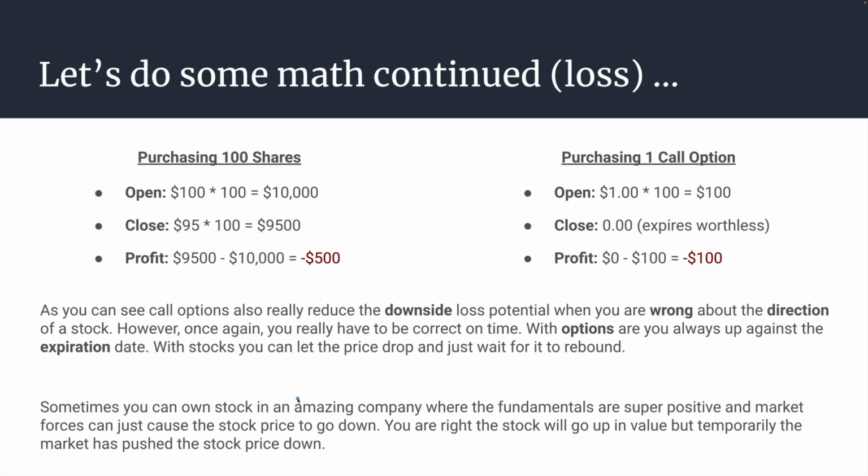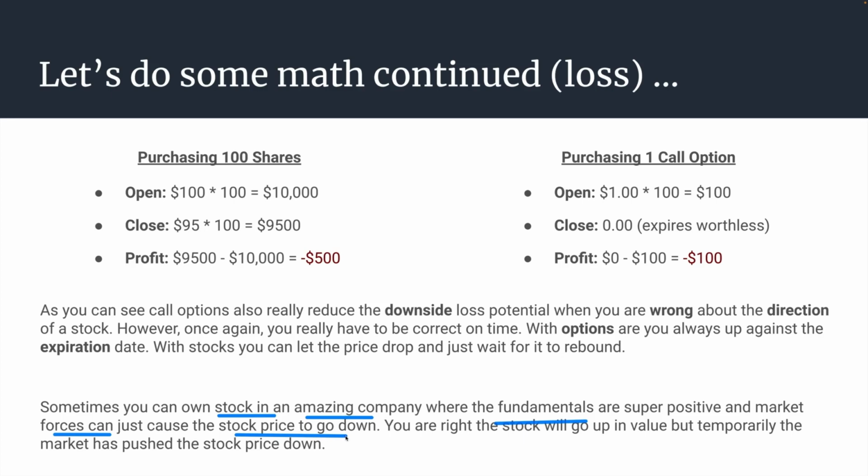As I mentioned before, sometimes you can buy stock in an amazing company with amazing fundamentals, but the market just forces the stock to go down. They say that 50% of any stock move is relative to the overall market. So the company might be doing fantastic, but the overall market will just bring down a stock. During COVID, for example, Amazon and Netflix were doing great because everyone was staying home and having stuff shipped to them, and they were watching Netflix.